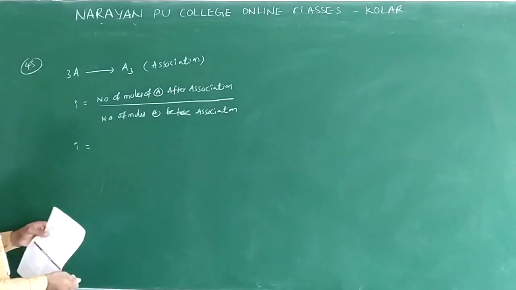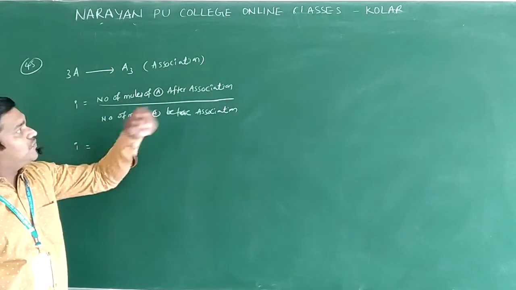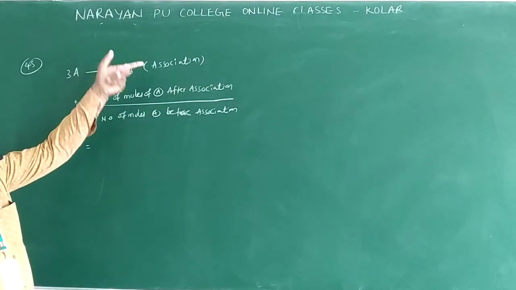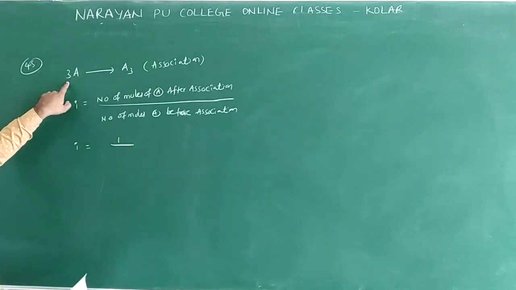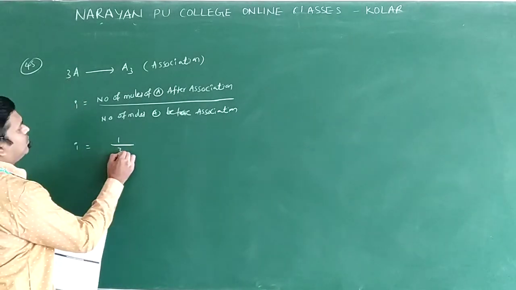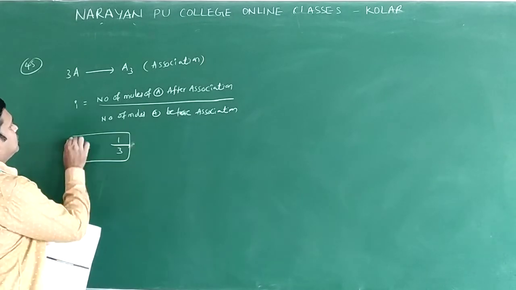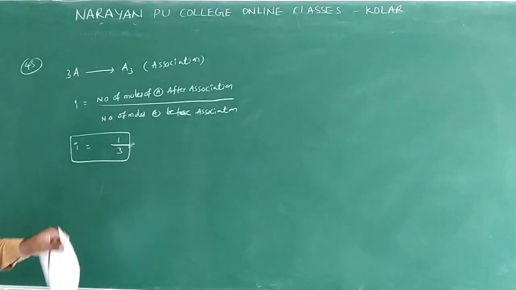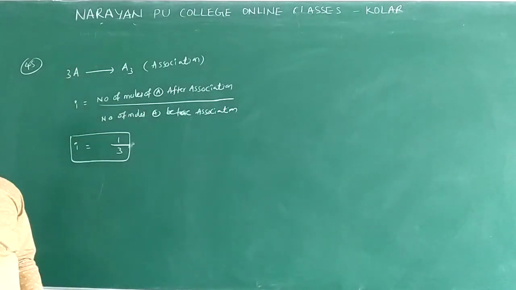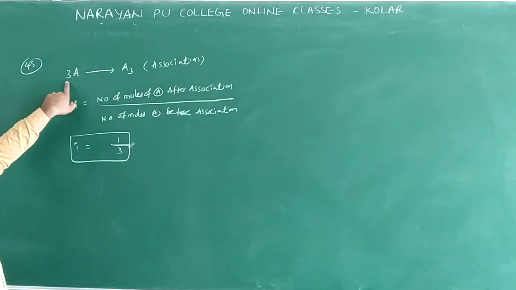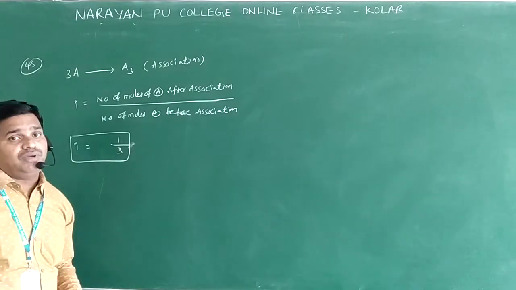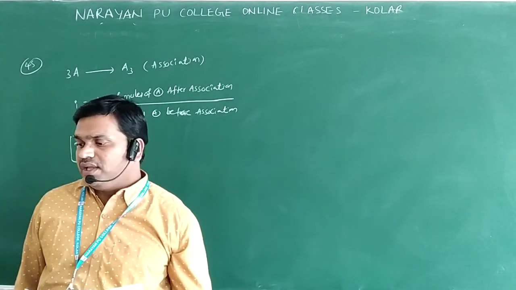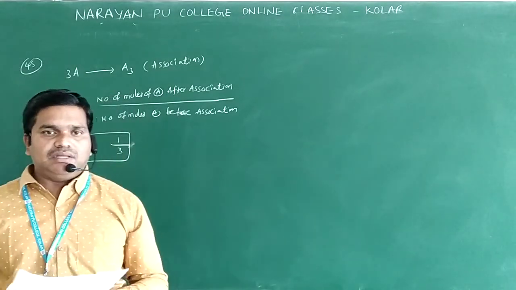After association we have 1 mole only, and before association we have 3, so that is 1 by 3. In general, if they give n, we get 1 by n only. The n value here is 3, so directly you can get 1 by 3. So this is question number 45, and this is the completion of the exercise level 2 questions.